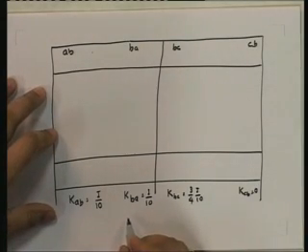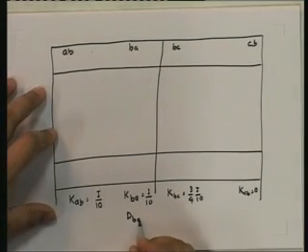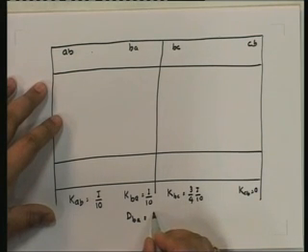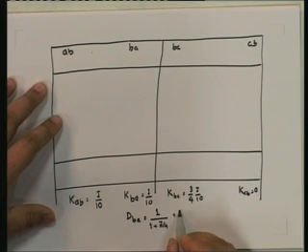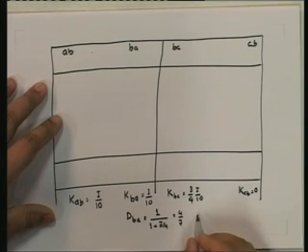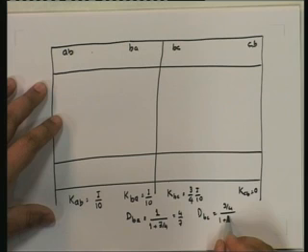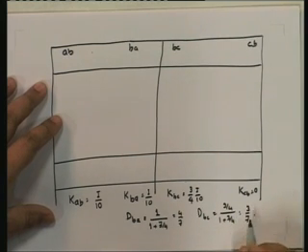So therefore, the distribution factor DBA is equal to 1 over 1 plus 3/4, which is equal to 4/7, and DBC is equal to 3/4 upon 1 plus 3/4, which is equal to 3/7.